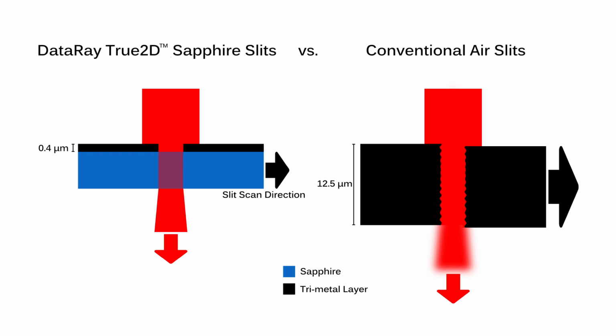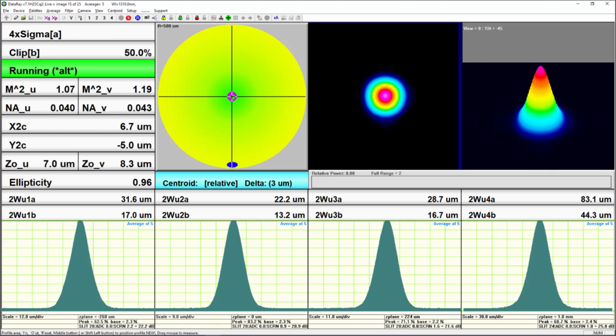This is 30 to 60 times smaller than the commonly used air slits, which generally range between 12.5 microns and 25 microns. Additionally, our sapphire slits are thermally conductive, allowing direct measurement at a higher irradiance than our camera-based beam profilers. Measuring small beams is where the BeamMap2 excels.